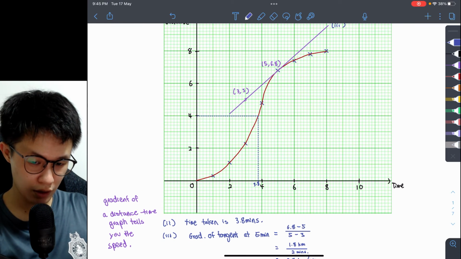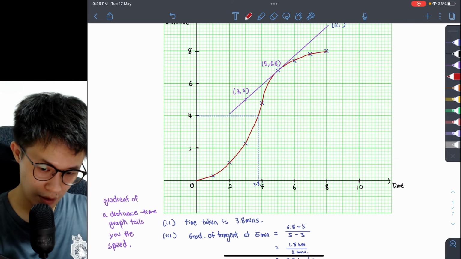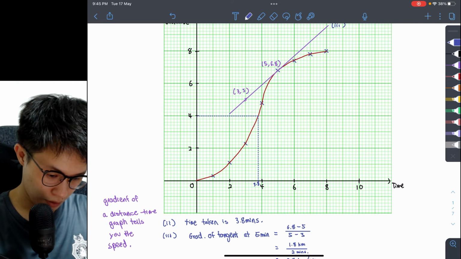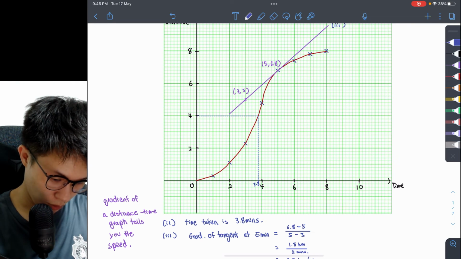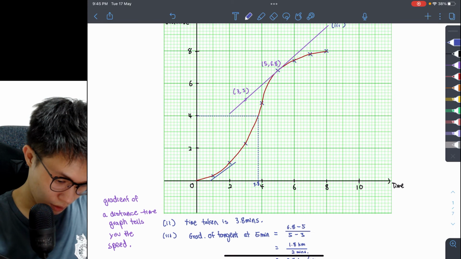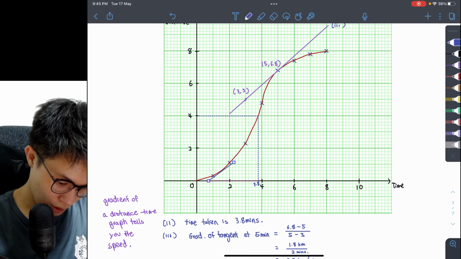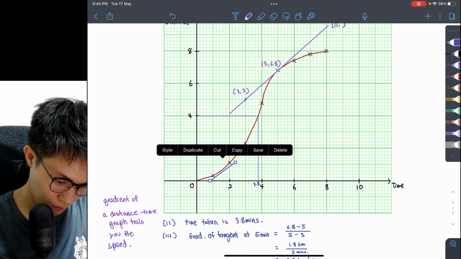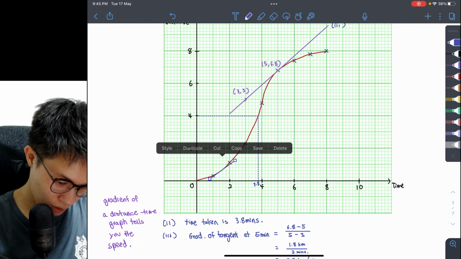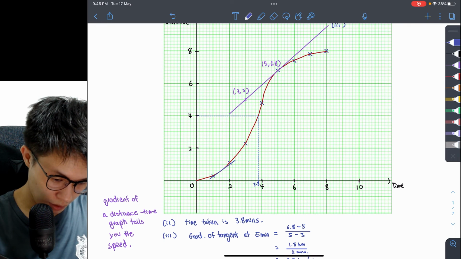So let's draw a few gradients. I'm just going to draw a small one. This gradient here, at this point, should be somewhere here.